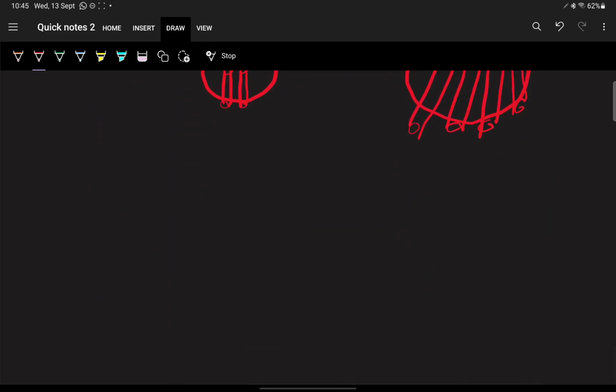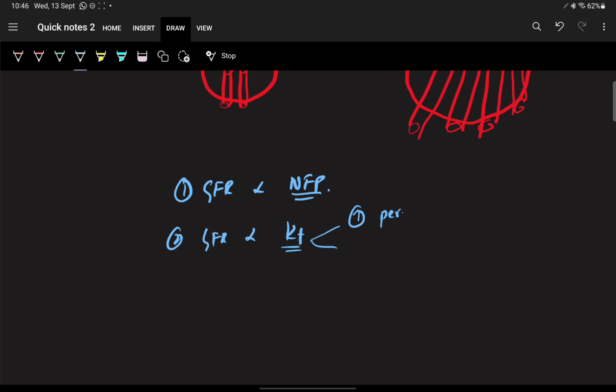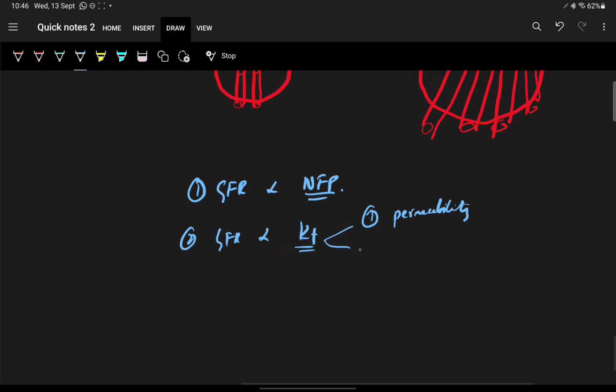So in simple terms, we can say that GFR is directly proportional to net filtration pressure. If the net filtration pressure is going to increase from 10 mmHg to 20 mmHg, the GFR will also increase. Not only that, GFR is directly proportional to the filtration coefficient, because if there is increased permeability, obviously it can filter more, so GFR will be increased.